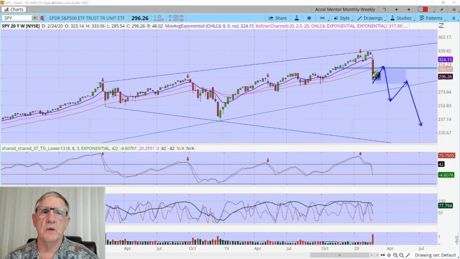And these bounce ups would come up into the moving averages or approach them, either the 8 to 20 or the 50, or in this case the 40, and you could track that all the way down to where? Well, this 2018, that's a good target to shoot at. So that's the new pattern we'd be looking at.